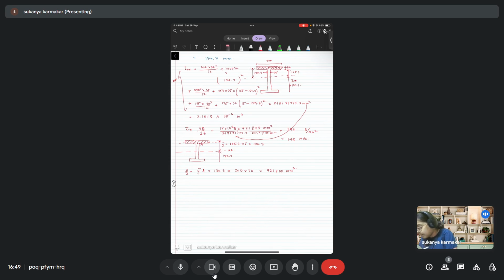I have a steel beam which is 25 mm wide and 75 mm deep. It is pinned to supports at points A and B like this. I have a beam like this, which is supported at this point, and there is a roller at this point.